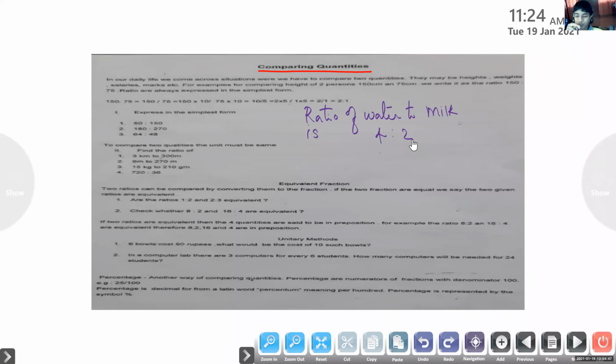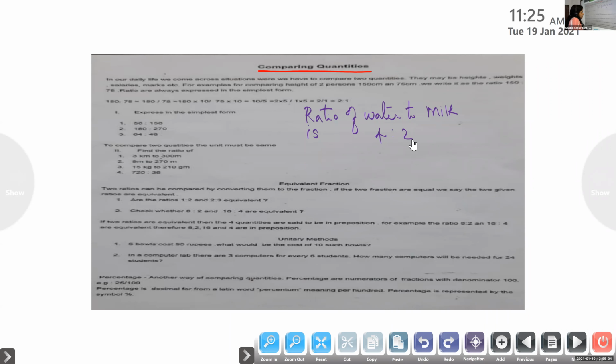What does it mean? 4 cups of water and 2 cups of milk. I need 4 cups of water to 2 cups of milk. Understood? That is the meaning.